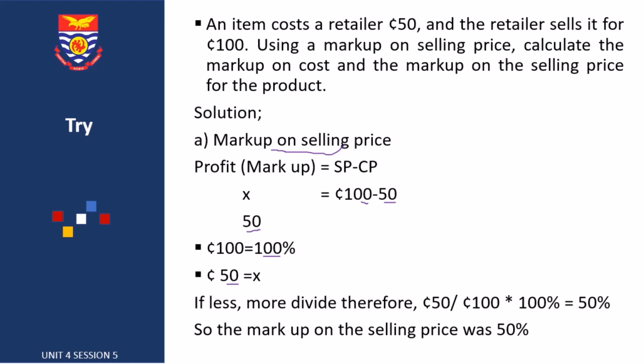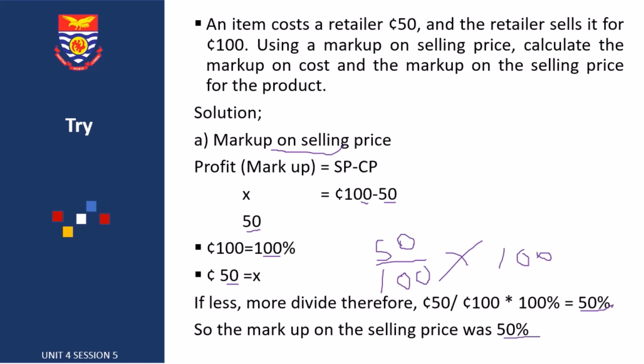Therefore, it is going to be 50 over 100 multiplied by the 100%, which gives us 50%. So the markup on the selling price is actually 50%.